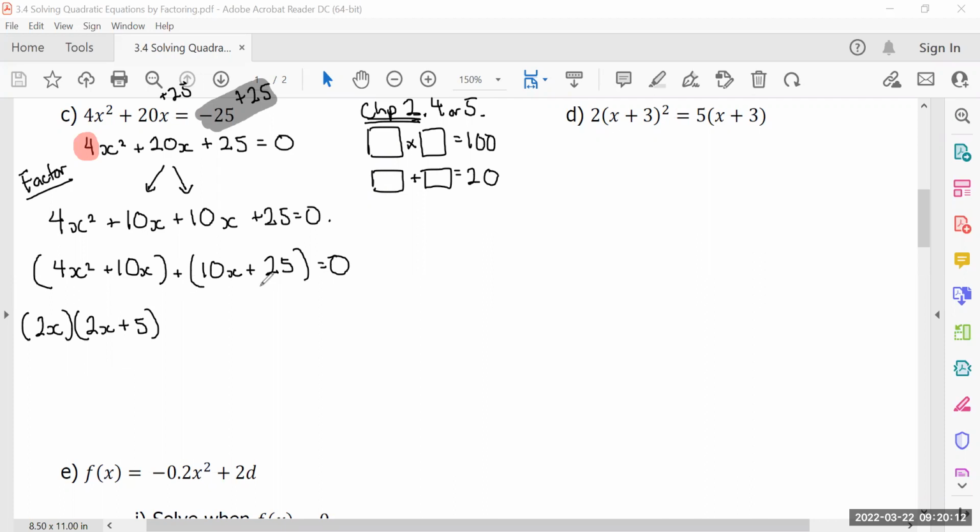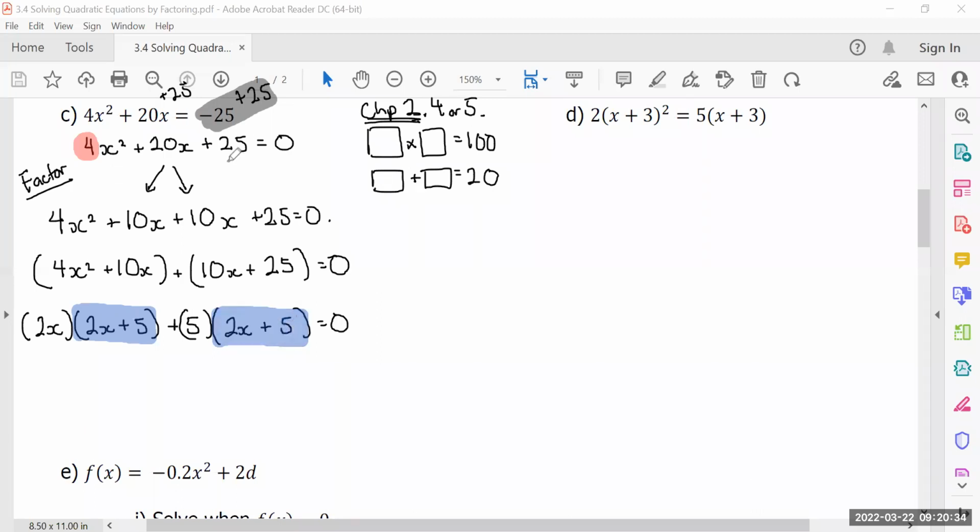Next, 10 and 25, I think I can factor out a 5. This becomes 2x plus 5. And I know I'm doing it right because the two brackets that I have left over are the same.